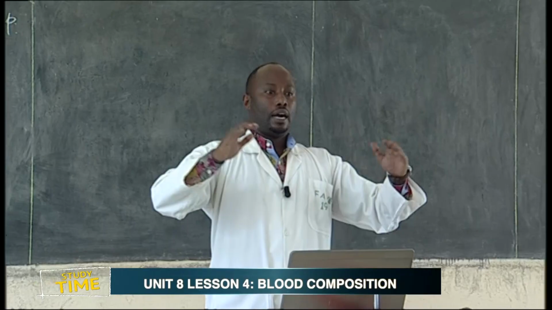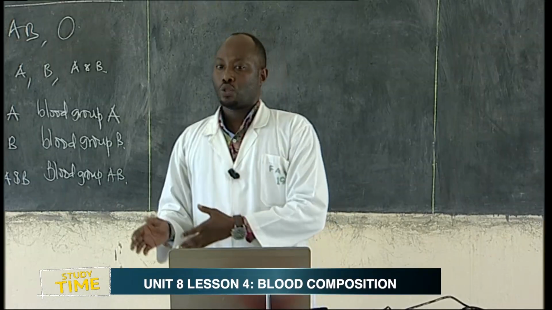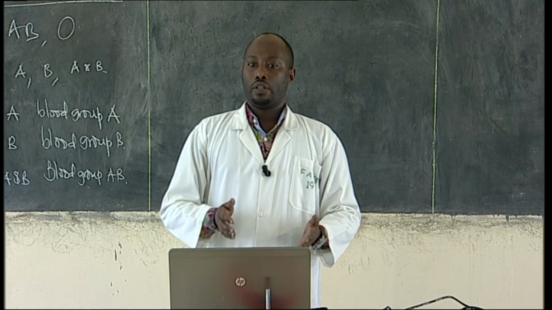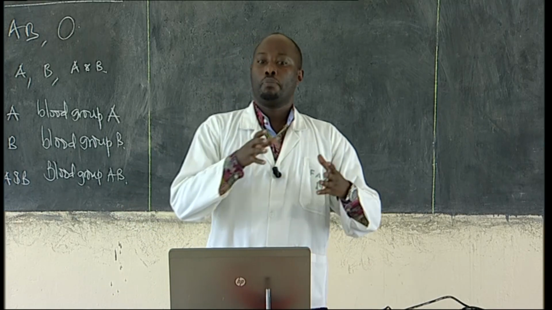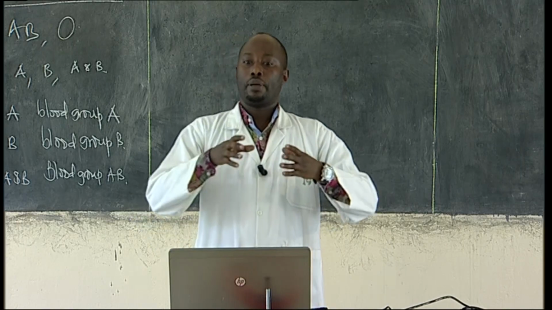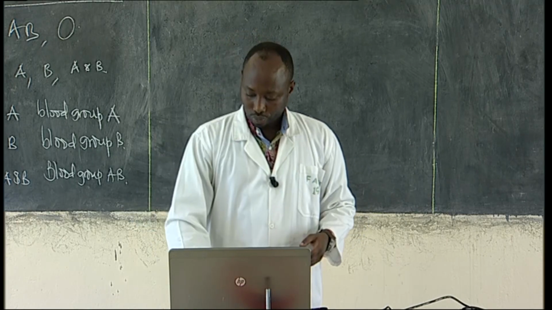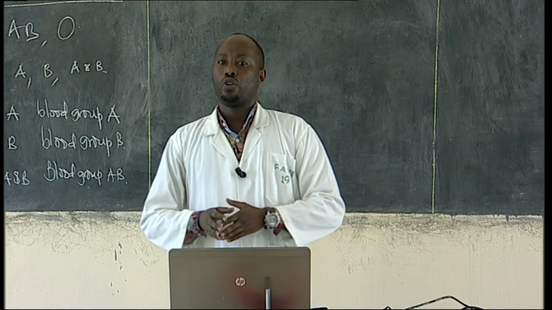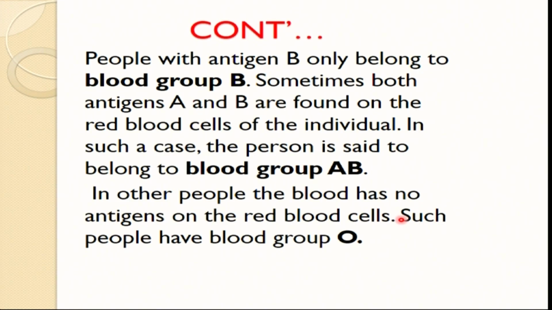So that's what I was telling you: a person with only antigen A on their red blood cells is said to be blood group A. A person with only antigen B on their red blood cells is said to be blood group B. So people with antigen B only belong to blood group B. So if you have antigen A in your red blood cells, you are blood group A. When you have antigen B, you belong to blood group B. I also mentioned that if you have antigen A and B, the person must have blood group AB.